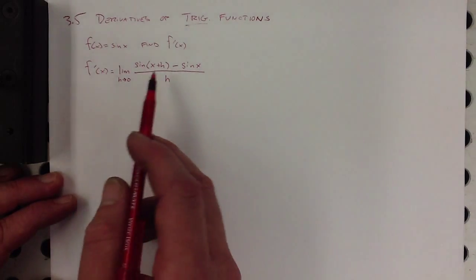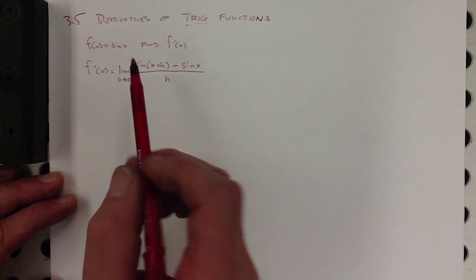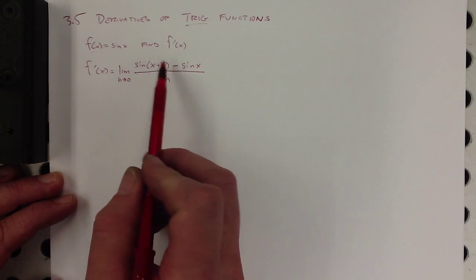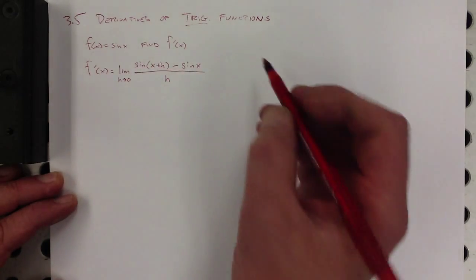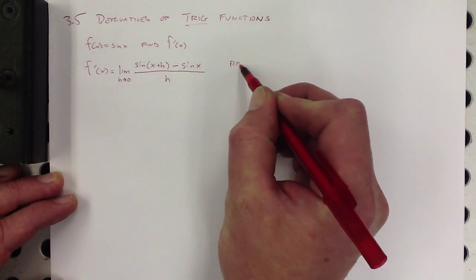And where do we go from here? We can't FOIL this out or anything, because certainly trig functions don't distribute over addition. But we do know an angle sum formula, the sine angle sum.